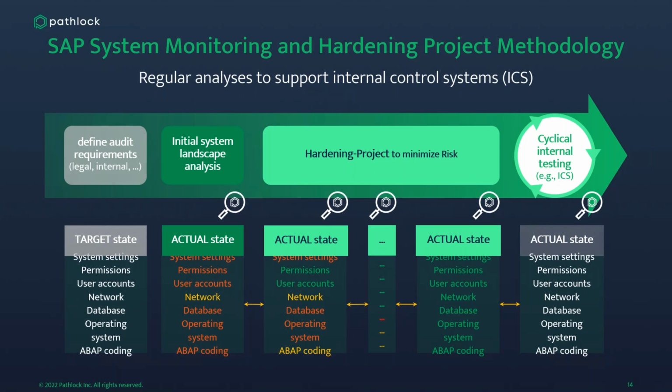And then we start with a first landscape analysis. Probably most of the points will be red, meaning not fulfilled. We have some critical problems. Maybe we have some areas where we have just some minor issues. Maybe we also have some green, but in this one, we have only the network which is yellow. And then we start working. We provide you some solutions, some information on how to fix them.